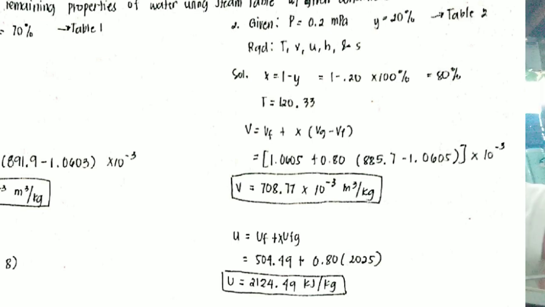So for our solution, X is 1 minus Y. So para makuha nato ang X, ang formula in getting the X is 1 minus Y, man gihatag nga given. So Y na to is 0.20. So, 1 minus 0.20 times 100%, we can get our X as 80% or 0.80. So, our P man nato is 0.2 megapascal.